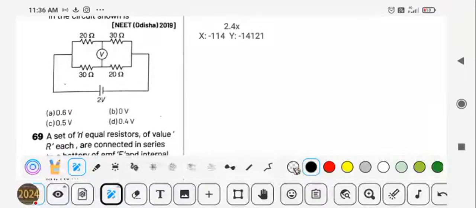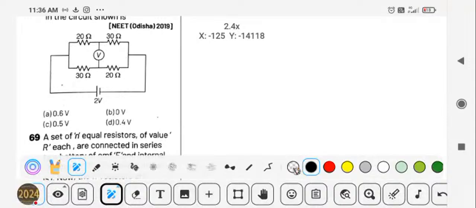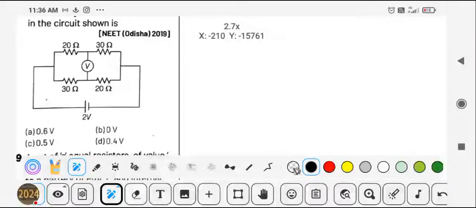that is the 68th question, which is somewhat bigger. This type of question will not be asked, but I have taken this for concept building. It's actually a 2019 Odisha question. Let's say in this circuit current I is flowing here, which divides here because it is parallel.